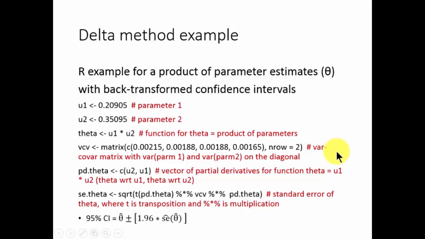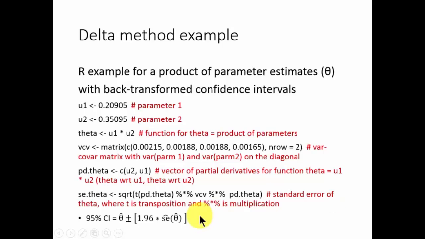These lines house the variance-covariance matrix. Here is the partial derivative for the function u1 times u2. And here is the delta method calculation for the standard error of theta. Easy, huh?